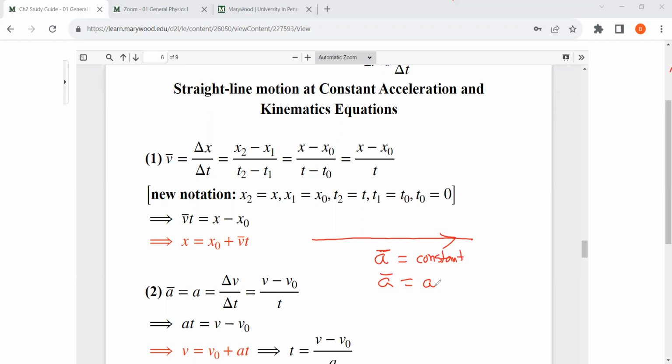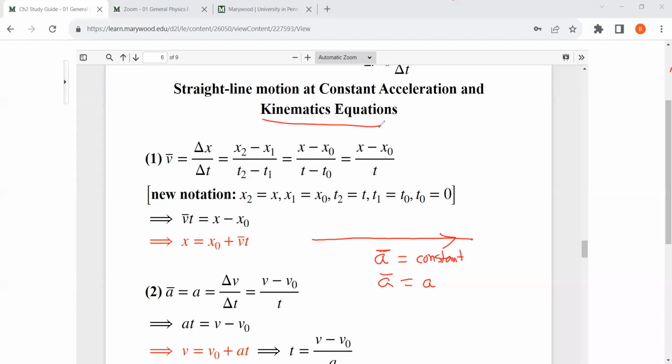We call these 4 equations the kinematic equations, or the equations of straight line motion at constant acceleration. Here I derived them.